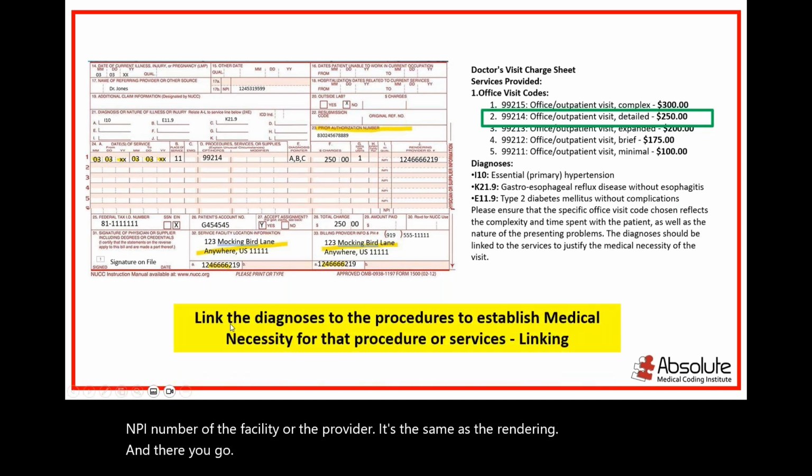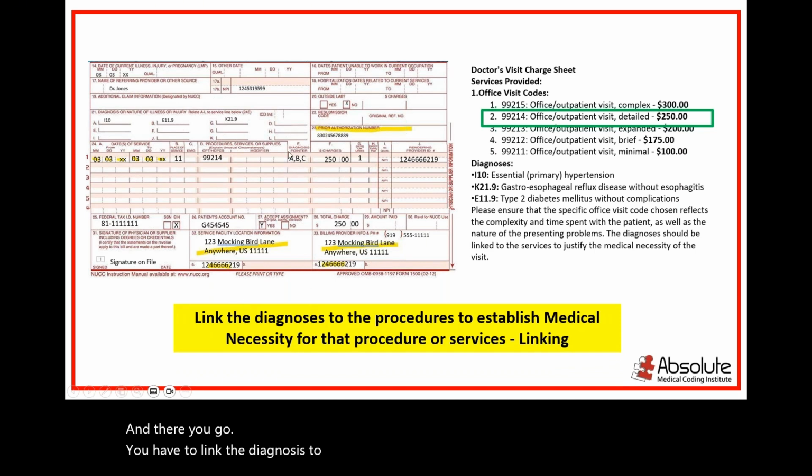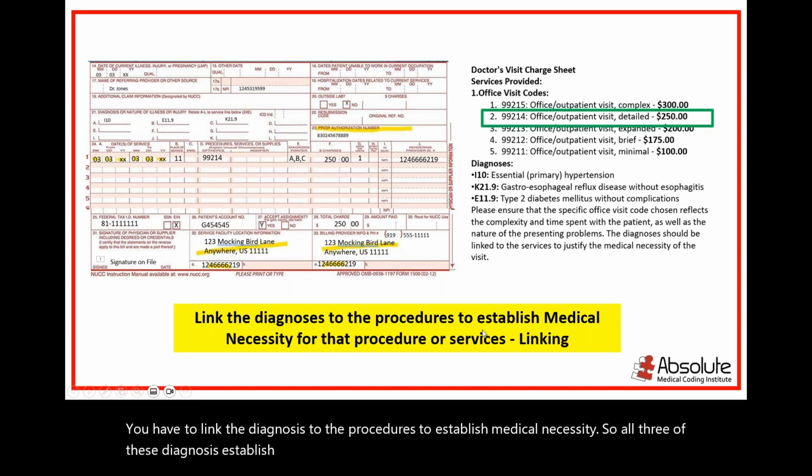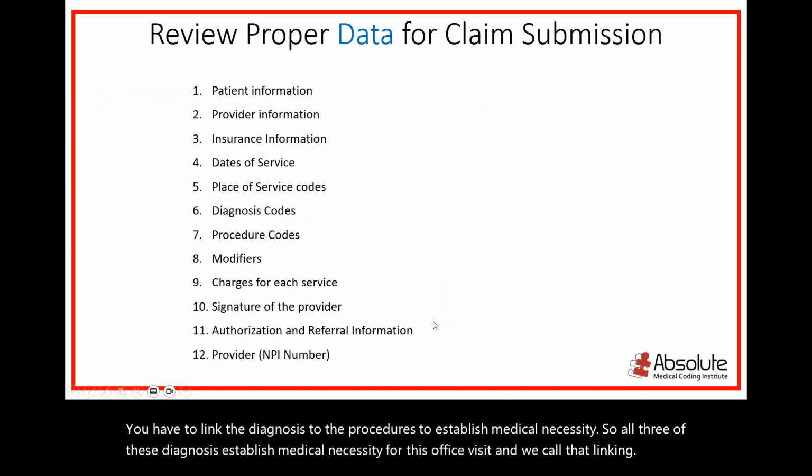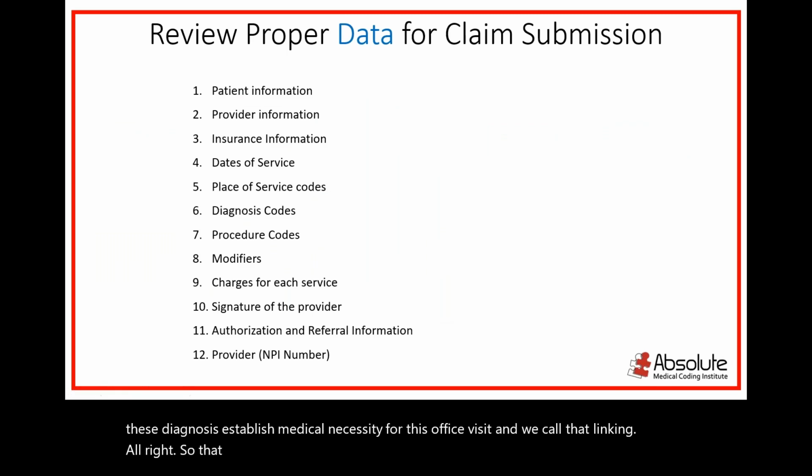Now, you have to link the diagnoses to the procedures to establish medical necessity. So all three of these diagnoses establish medical necessity for this office visit, and we call that linking. All right. So that is the data that you need for claim submission.